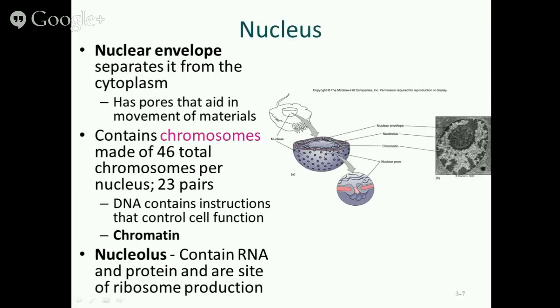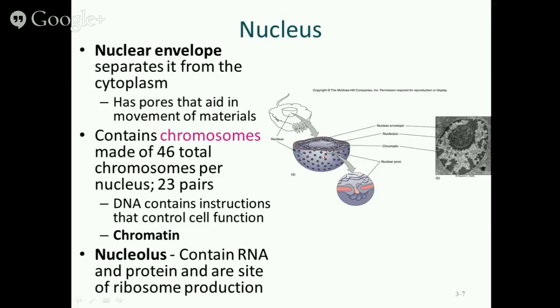So DNA, normally when the cell is relaxed, is kind of all over the place. But when we are under stress, or when we need to divide, or when the cell needs to travel or move or something like that, then we have to package that DNA up into small, neat little things called chromosomes.